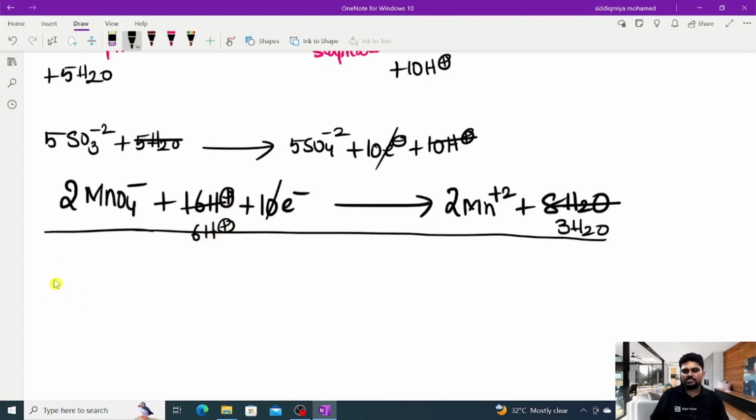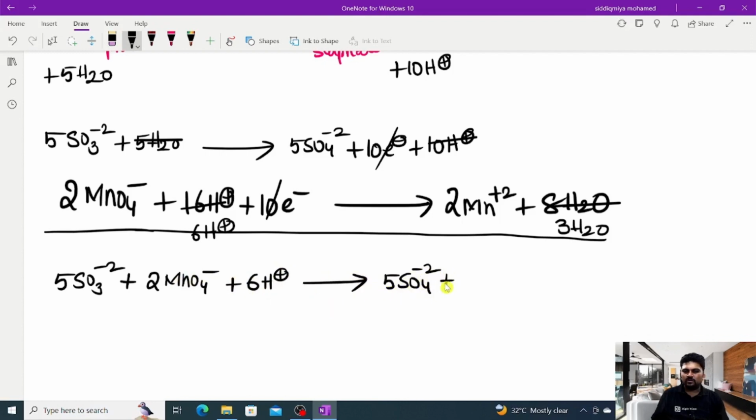Now you can add up. So 5 moles of sulfite ion when treated with 2 moles of MnO4 minus plus 6H plus will give you 5 moles of sulfate ion plus 2 moles of Mn 2 plus plus 3 moles of H2O. Got it?